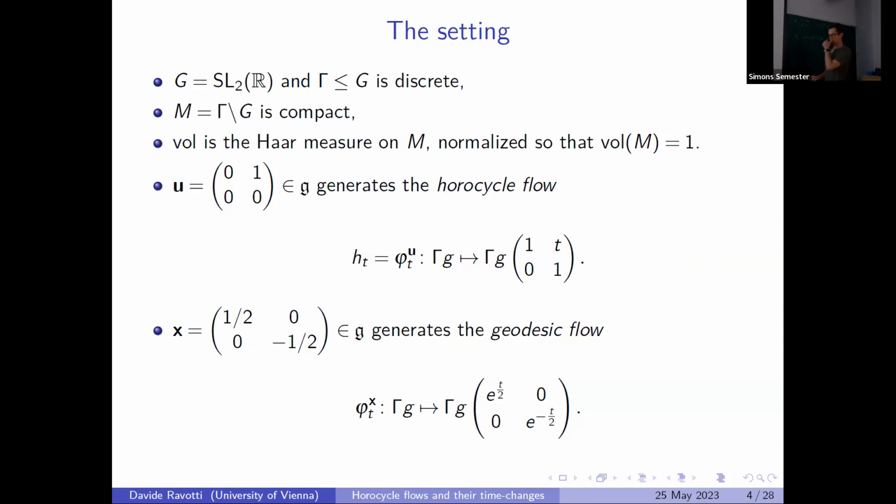Another flow that will be useful for us is the geodesic flow, as Raymond was talking about, generated by this diagonal element in the algebra, and it corresponds to multiplication on the right by this diagonal matrix, as we saw in the last slide. Okay, so this is my setting, a compact quotient, and this is the flow whose ergodic properties we want to study with respect to this measure.